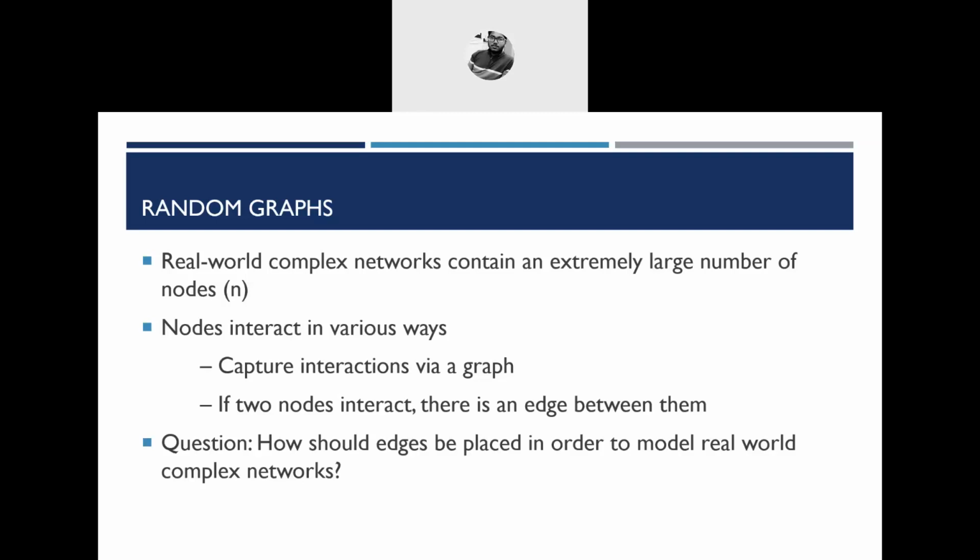So we needed a concept to understand how real world complex networks behave. Scientists and mathematicians came up with a theory known as random graphs. The theory was actually there, but they applied it to complex network theory. So random graphs are very important while studying complex network theory.